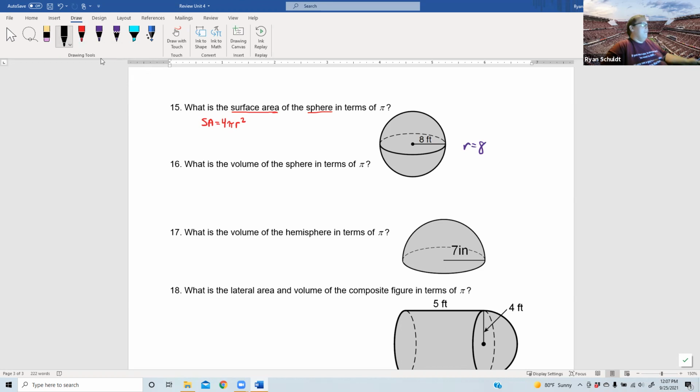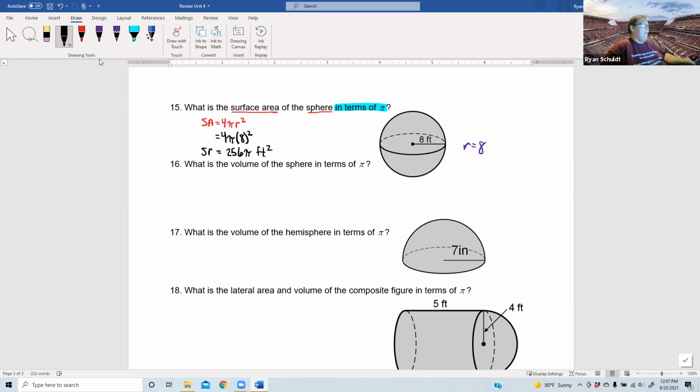So I can plug in now. 4 pi times 8 squared. And if I look at my directions, it says in terms of pi. So that's going to give us 256 pi feet squared.